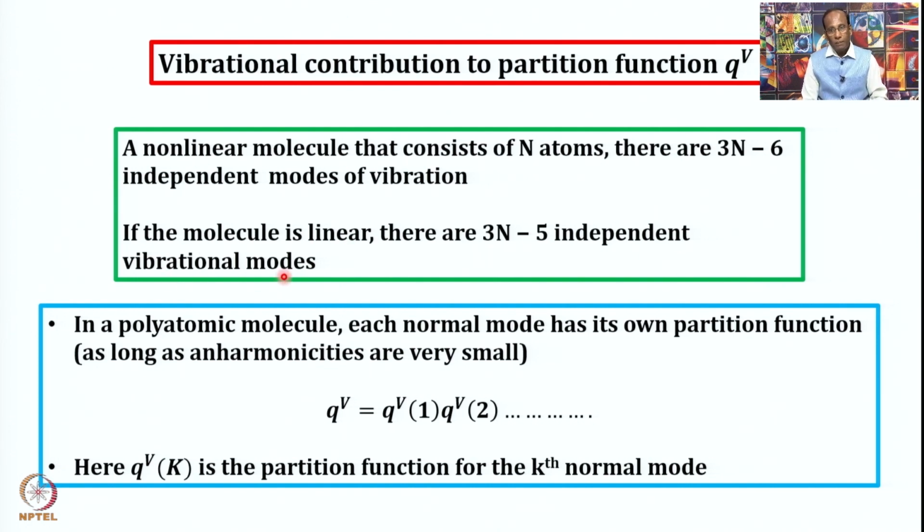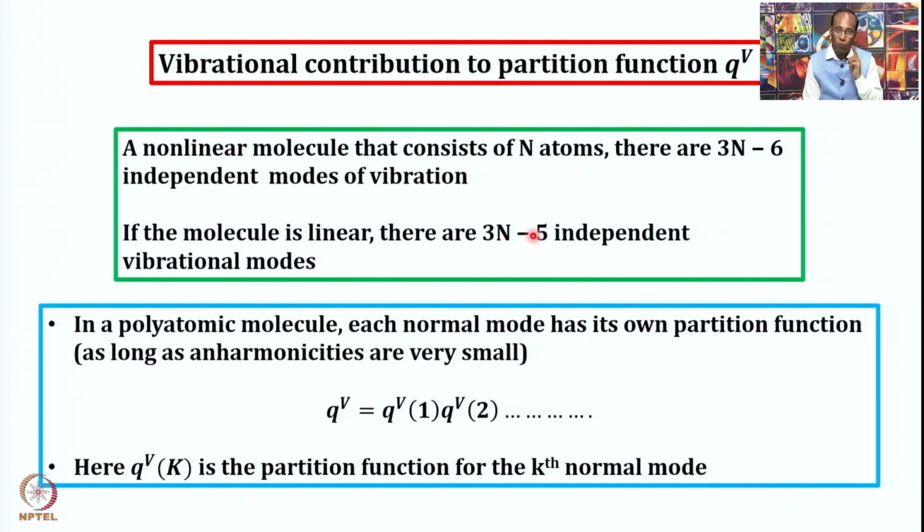That means if the system has two atoms, a molecule which is made up of two atoms, that molecule has to be linear, that cannot be non-linear. And in that case, we will use this formula. So 3 into 2 is 6, 6 minus 5 is 1.